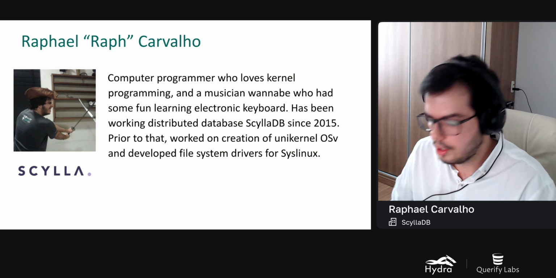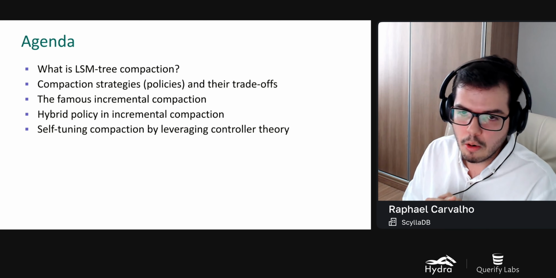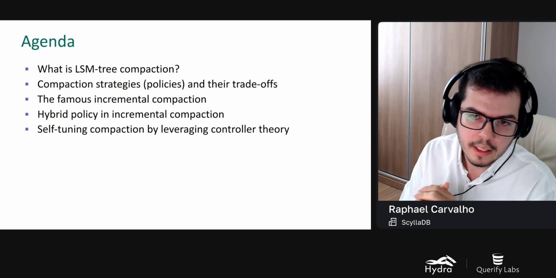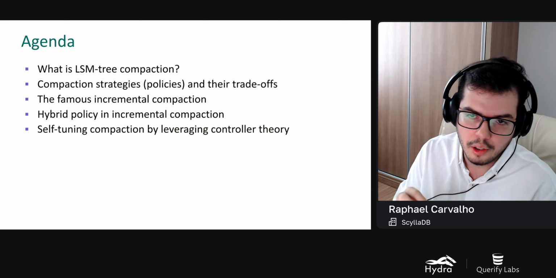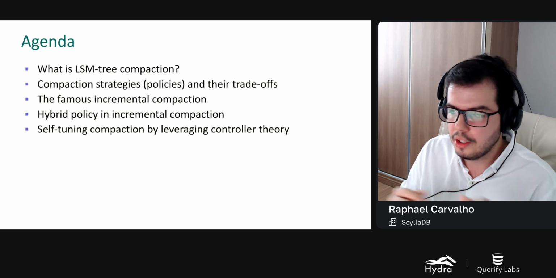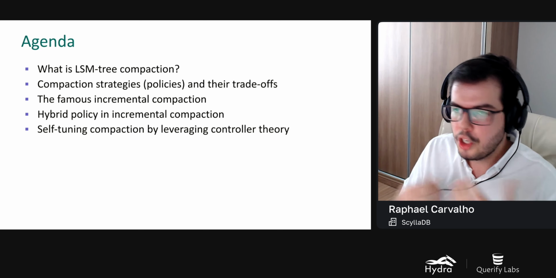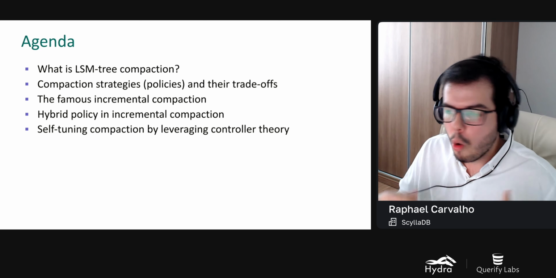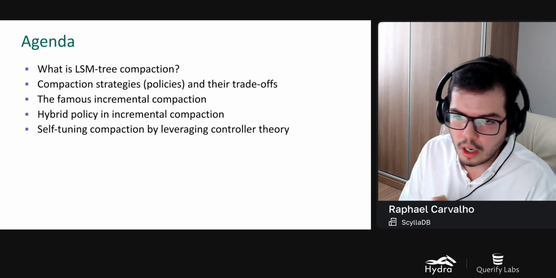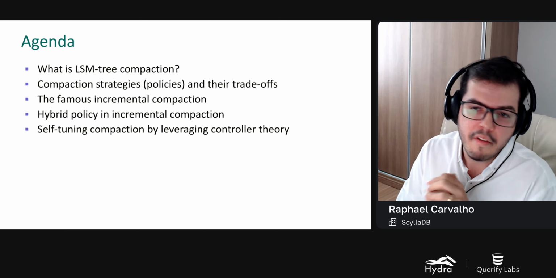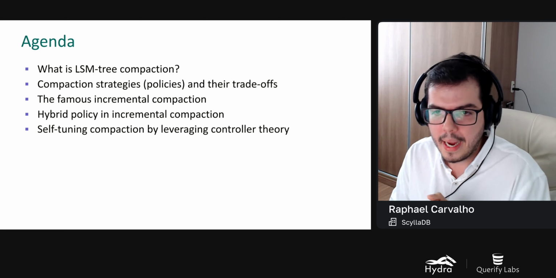Let's move on to the interesting part. The agenda for today: I'm going to explain what LSM-tree compaction is, and the compaction strategies and policies. I'm going to use the terms strategy and policy interchangeably. It's basically the algorithm that decides which files to compact together, when to compact those files, the data layout, and so on. I'm going to talk about the trade-offs on the amplification factors, because there is no perfect compaction strategy.